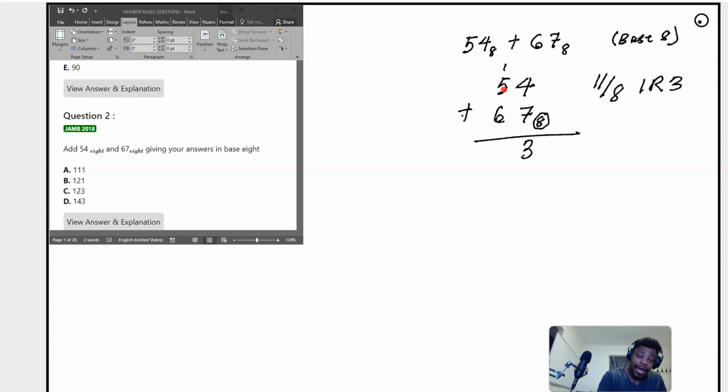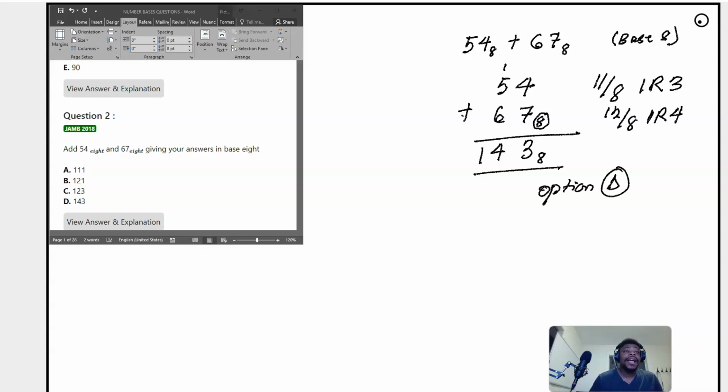So 1 plus 5, 6. 6 plus 6, 12. 12 is greater than 8. You divide 12 divided by 8, 1 remainder 4. Write the remainder and you carry 1. No other number here, you put 1 here. So 143 base 8. So our option is D. Easy. Now let's go to the next question.